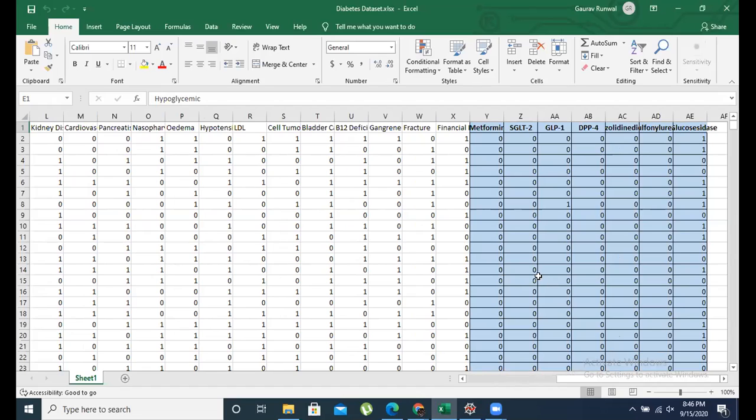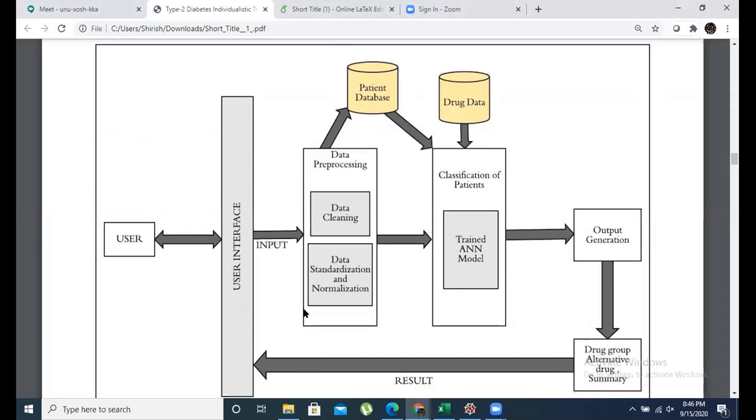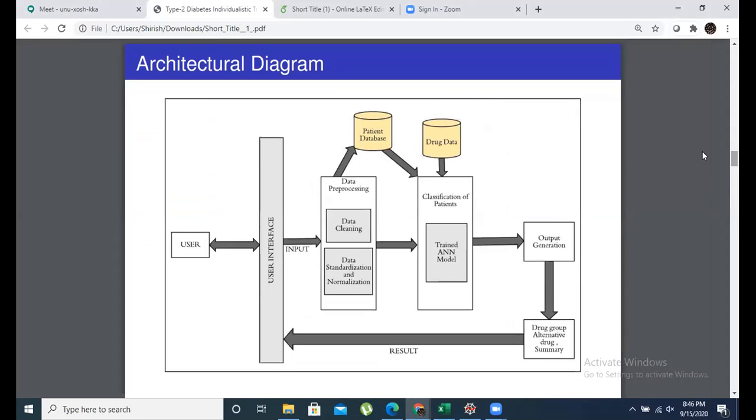We identified the input attributes that will be required for our system. These input attributes were included in our data set. They are namely the patient's age, weight type, whether they have a kidney disease or any associated disease like heart ailments, and we even included the financial situations into our data set.